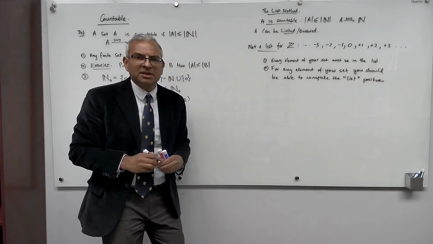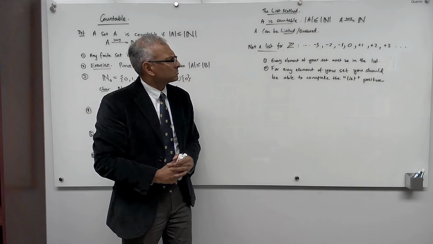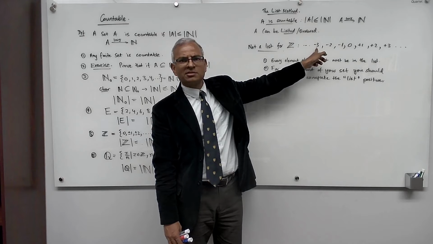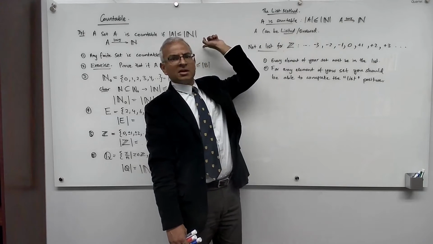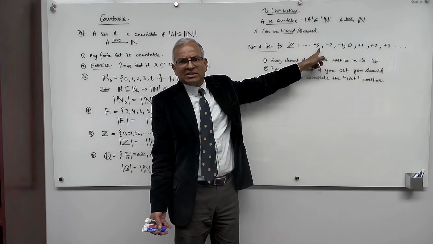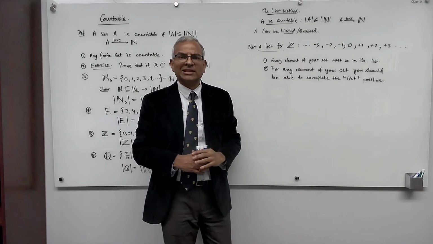You should be able to unambiguously assign a list position to any element in your set. So, what's the list position of -3? Where does the list begin? Does the list begin at -infinity here? In which case, the list position of -3 is not well defined. So this is not a good list. If you can check these two conditions, you have a valid list.